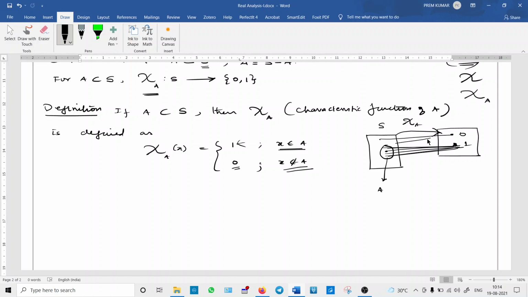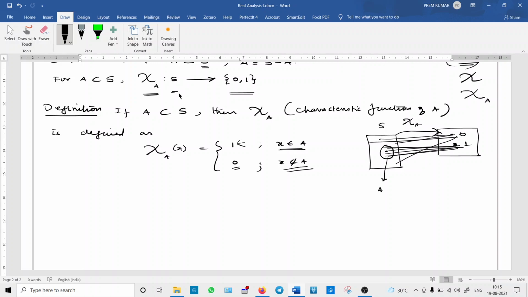So all the points outside A will be mapped to 0. So this is what the function does. This characteristic function is a function defined on the universal set S to {0, 1}, where A is a subset of S, and it is the characteristic function of A, because the set A is characterized by this function chi A.